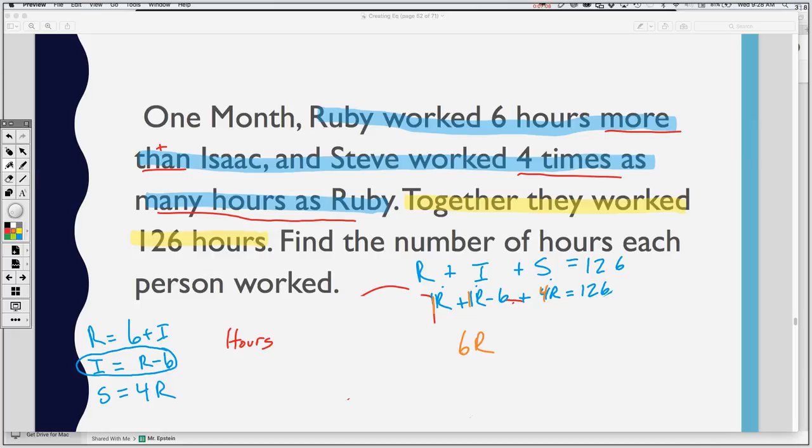So I added these as like terms. 6R. Oh, okay. So I didn't leave out the whole R minus 6. I had this one, this one, this one. So what else? Okay, so minus 6 here. And then equals. We're just bringing down everything I didn't touch.